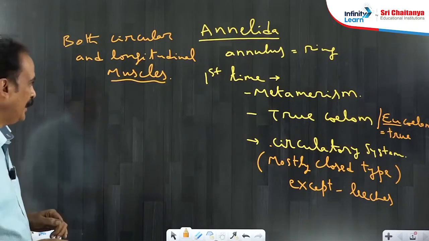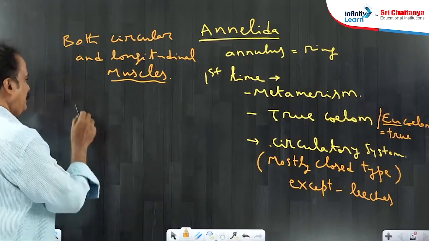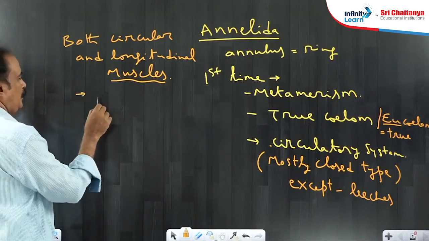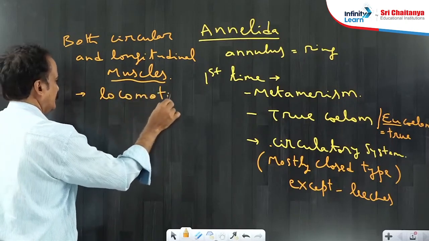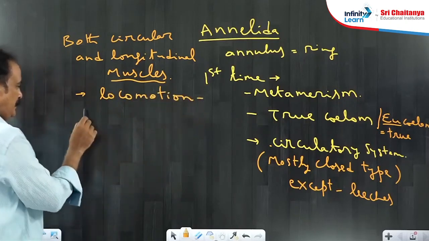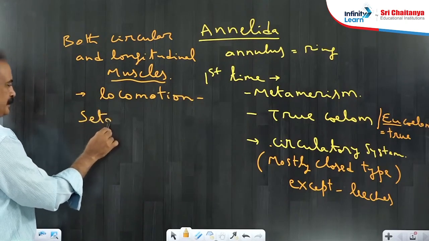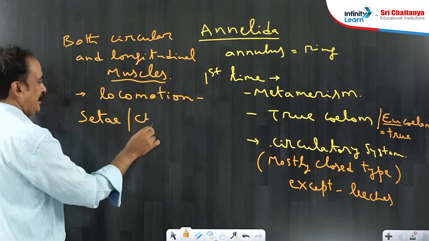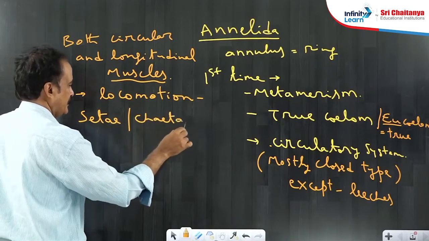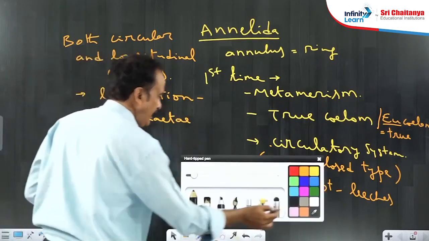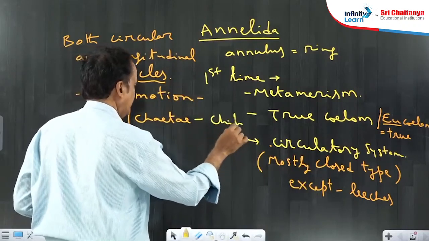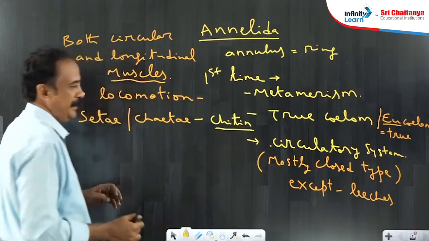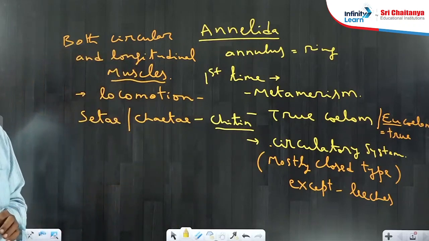They have a speciality related to locomotion. Locomotion may take place with the help of setae. The setae are made up of chitin, that's why they are called chitinous.